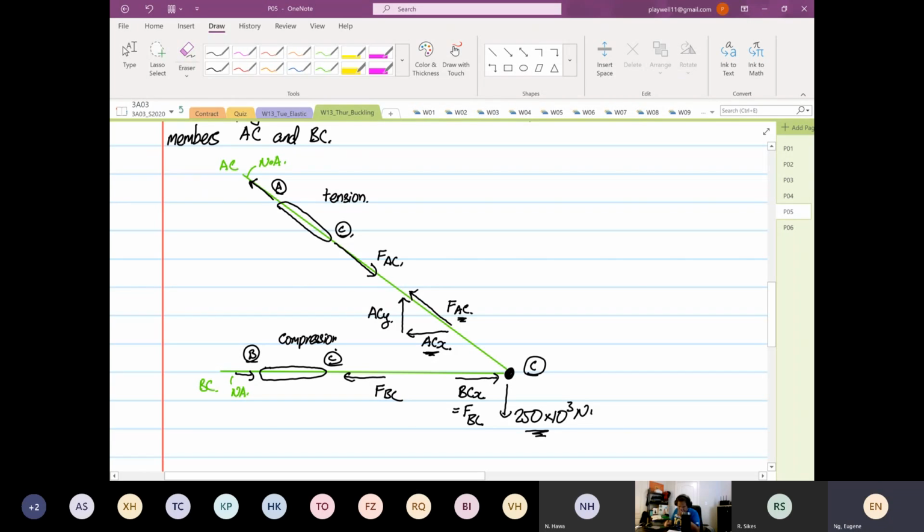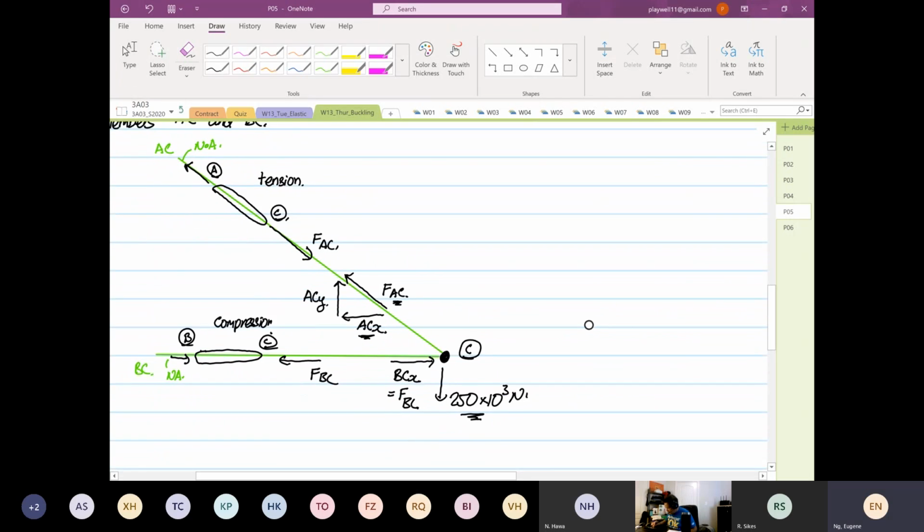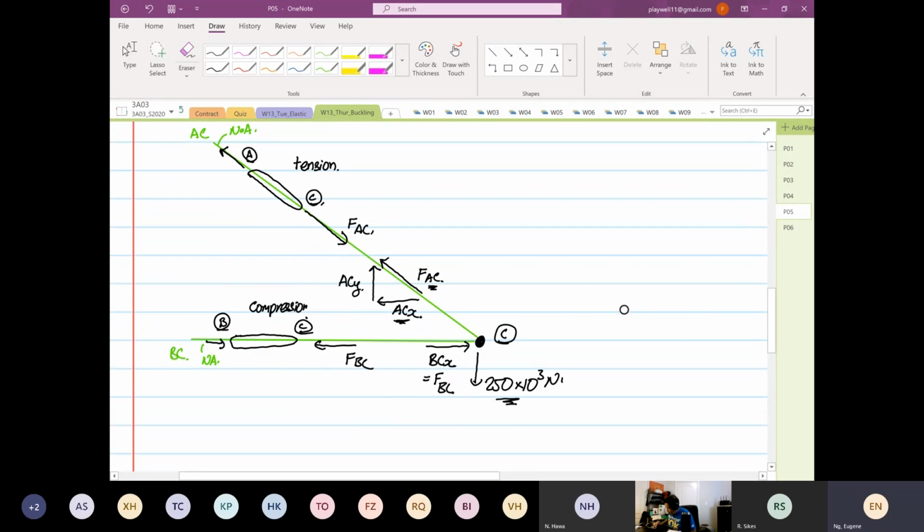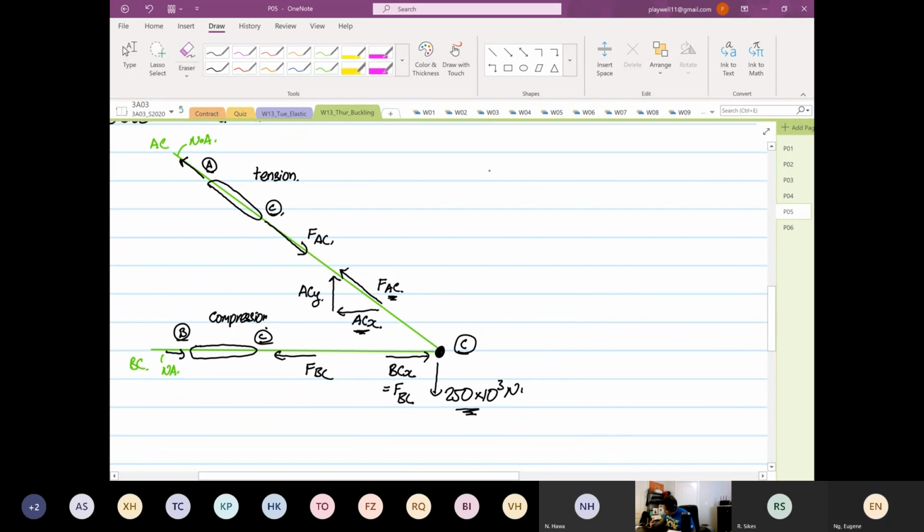Okay. So before we do anything, let's do our static analysis first. Summation of forces in the y direction is equal to 0. So you have ACY minus 250 times 10 to the power 3 is equal to 0.